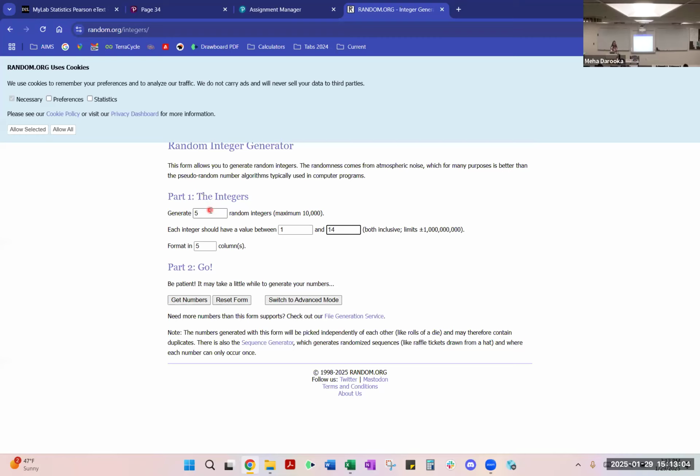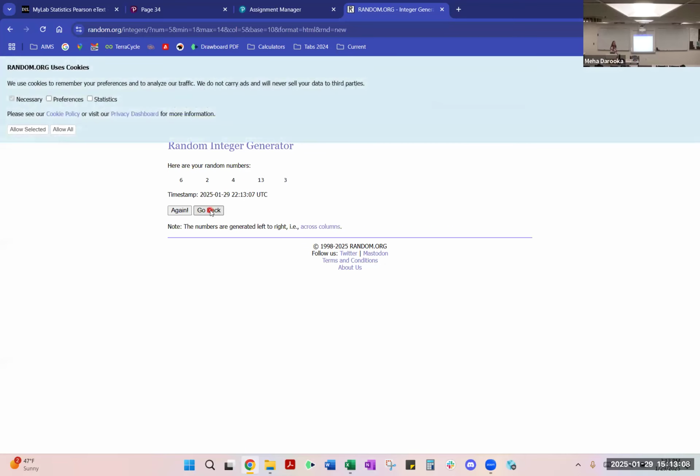I'm going to do Aaron since he's got the largest number, 1 through 14. And you can say, give me 5 random numbers, and you can get your random numbers that way. Then number your grid how you want to, and you can get your sample from that. So go ahead, separate your population, and let's see what you come up with.